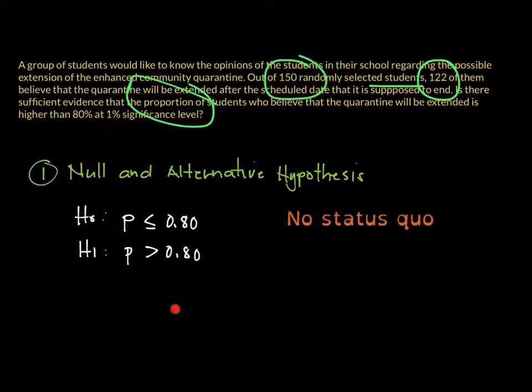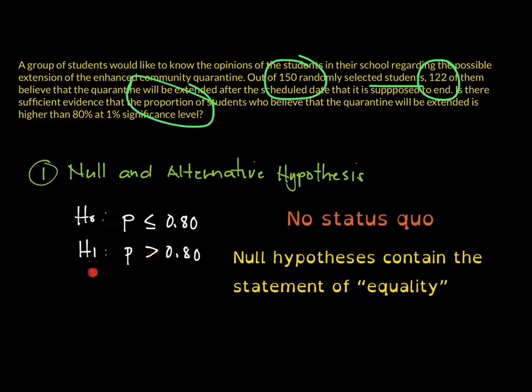So we have to use that other rule when writing the null and alternative hypothesis, in that the null hypothesis will always contain the equal sign. Now the statement is saying the proportion is higher than 80%. When we say higher than 80%, it doesn't include 80%.